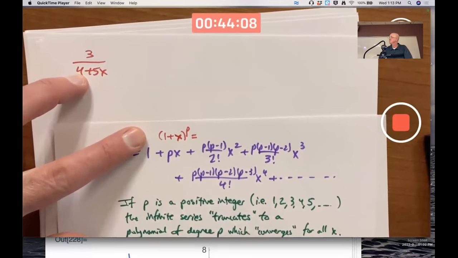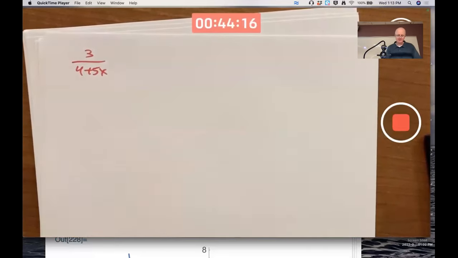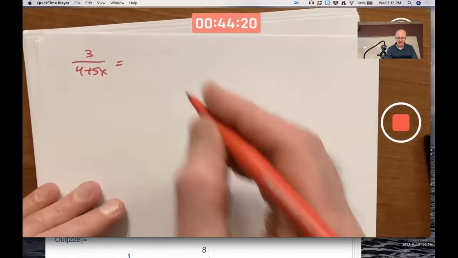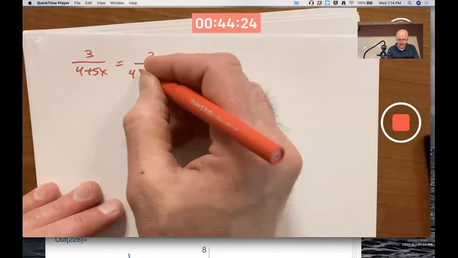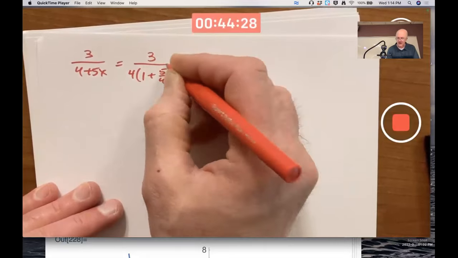You can do some algebra, like the tricky algebra we did last week, to see that they actually are related. This is the sum of a geometric series, as we saw last week. I start with the same trick as before: factor the 4 out of the bottom.